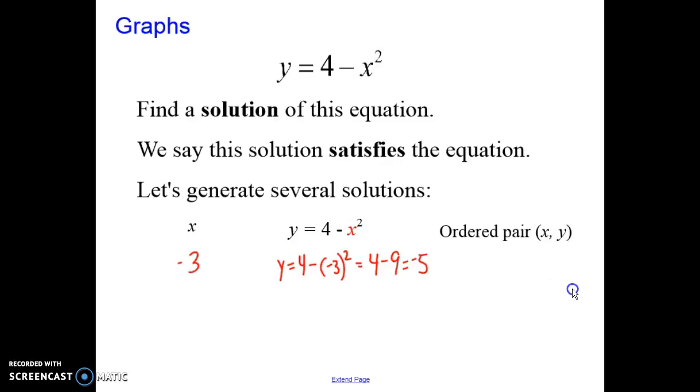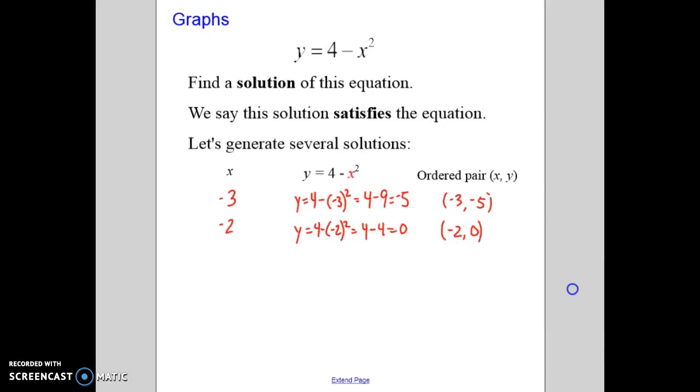And then that gives me the ordered pair -3, -5. And then we can find more solutions. Plug in a -2. We get 4 minus -2 squared, and that would be 4 minus 4, and I get 0, and that would give me the coordinates -2, 0.